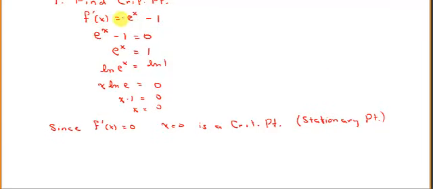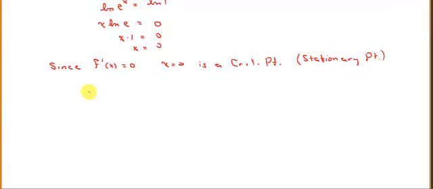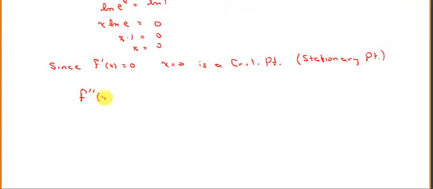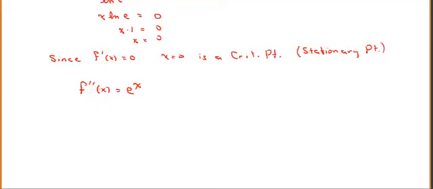The first derivative was e to the x minus 1. The second derivative is going to be the derivative of e to the x, which is e to the x, and the derivative of 1 is 0. So the second derivative is going to be just e to the x. Now, if I evaluate this second derivative at 0, at this stationary point, or the critical point, I get e to the 0, which is 1, and that's, of course, positive.